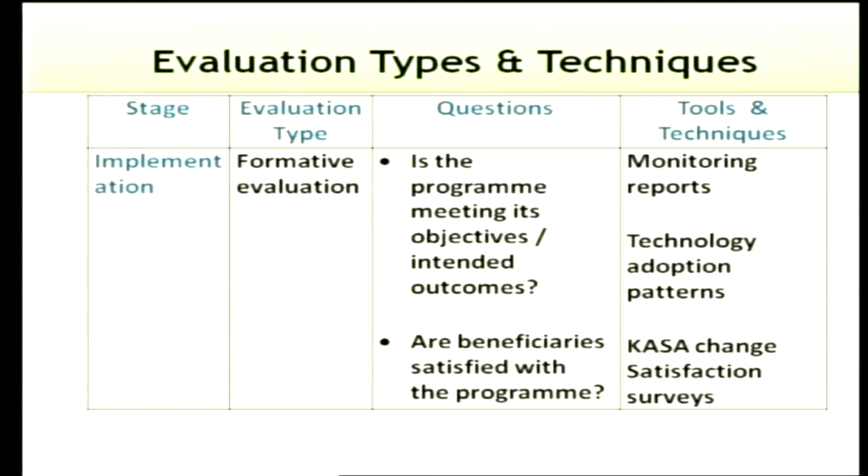If they are not satisfied, we can find out why so that we can implement some mid-course corrections. Usually we use the monitoring reports for our midterm evaluation. We use the technology adoption pattern. For example, if the program is related to promoting a technology in agriculture development, then we can look at the technology adoption pattern, and knowledge, attitude, skill changes among the beneficiaries and non-beneficiaries.